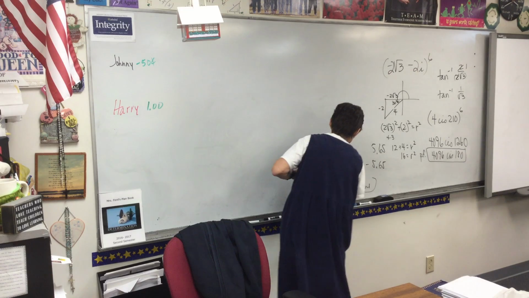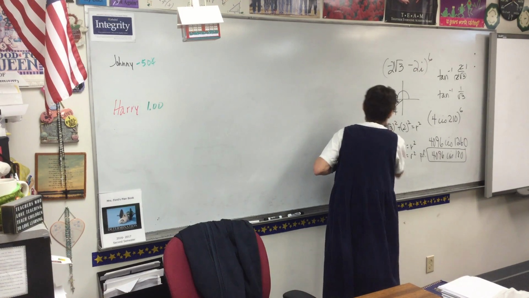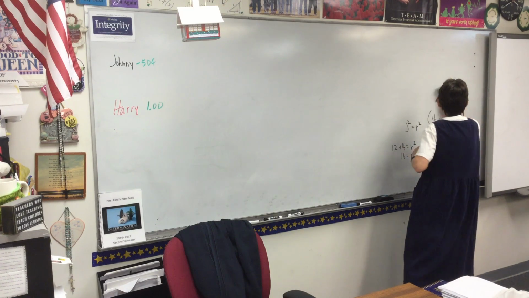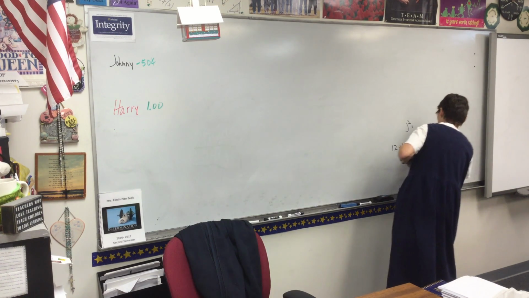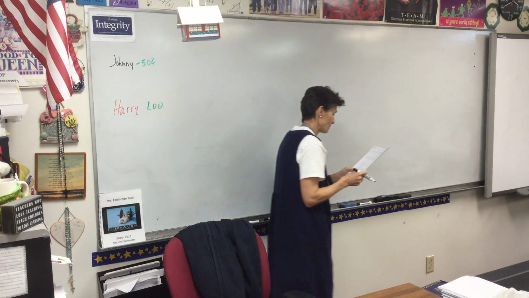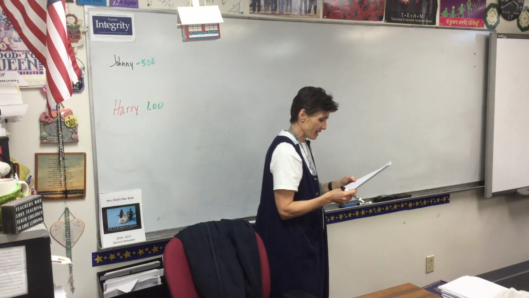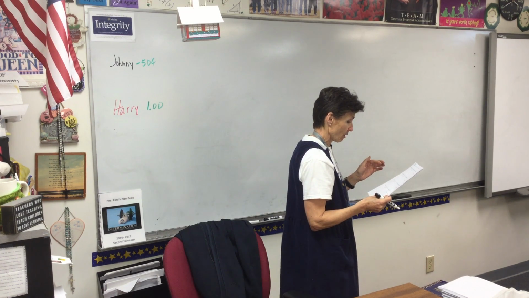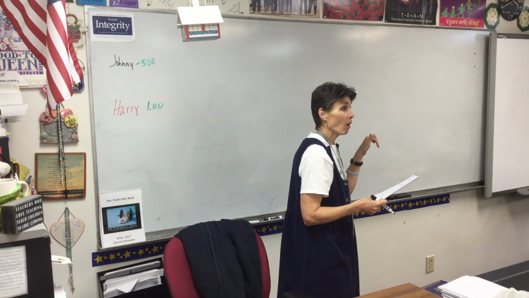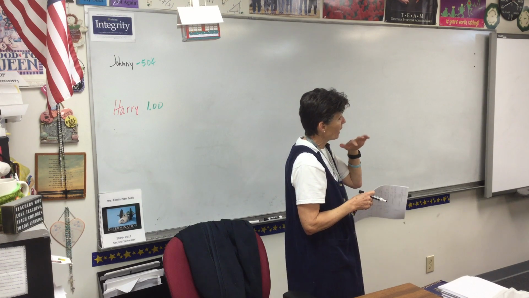I want you to look at the problems on this page real quick. And I want you to notice there's a similarity between problem 1 and 4. 1 and 4 have given me an r and a theta, and they're asking me for what?